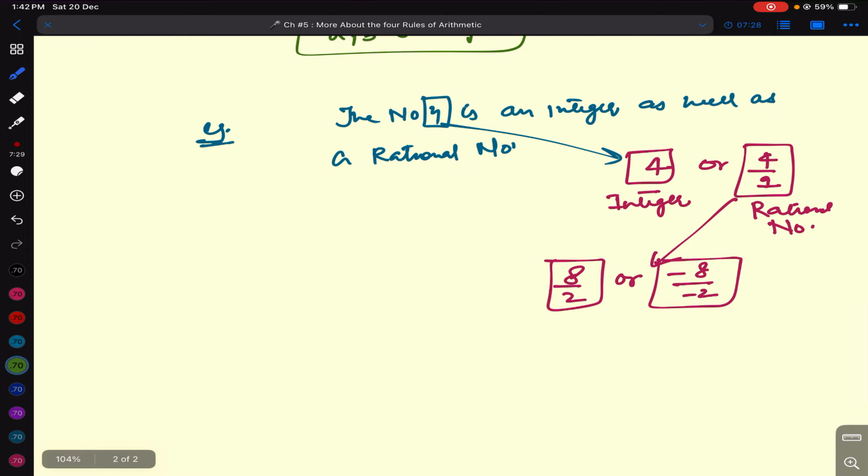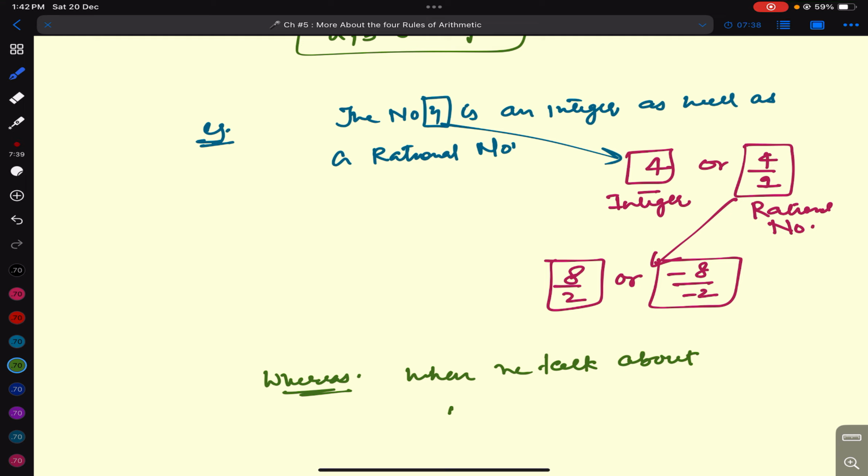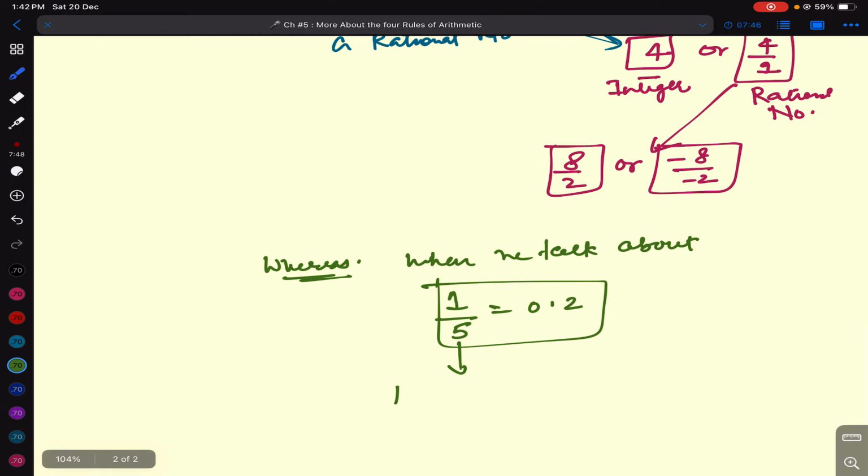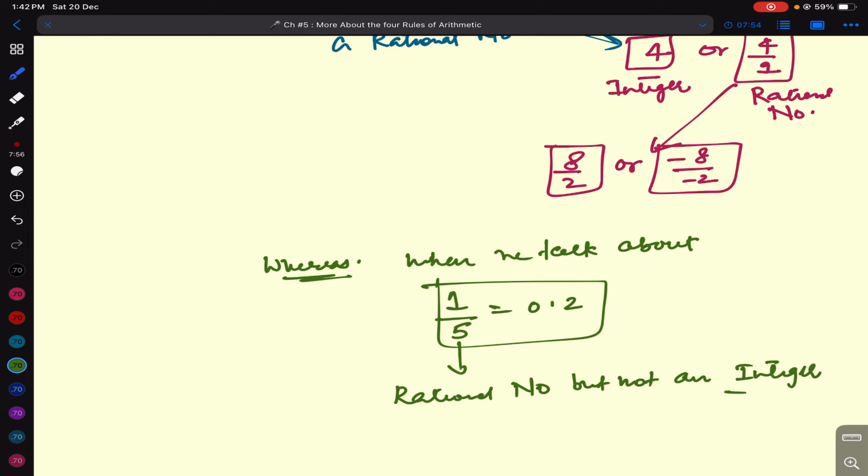Whereas when we talk about 1 over 5, which is by default a rational number, this is equal to 0.2, right? Now this is a rational number but not an integer. We cannot rewrite it in the form of an integer.